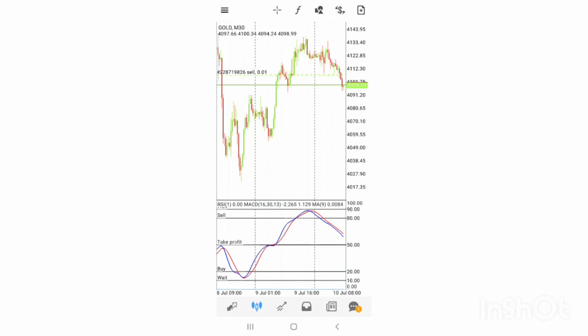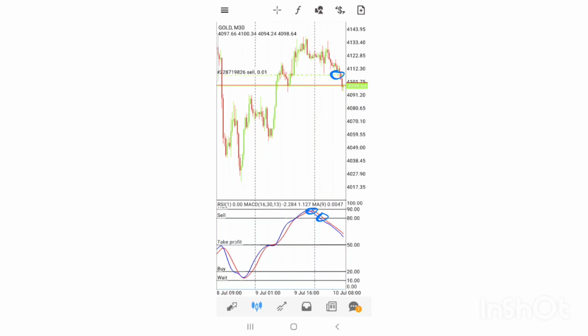Selling is still the same scenario. For selling, you must wait for both the moving average and the MACD to cross each other at level 90 and wait for it to break level 80. This is why you can see I sold, and I also sent the signal in my free Telegram group, because we already broke level 80, so we had to sell.